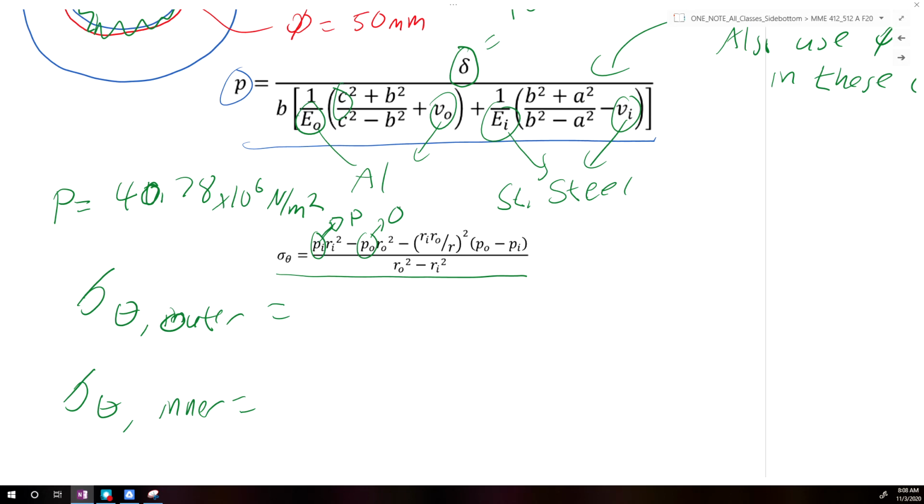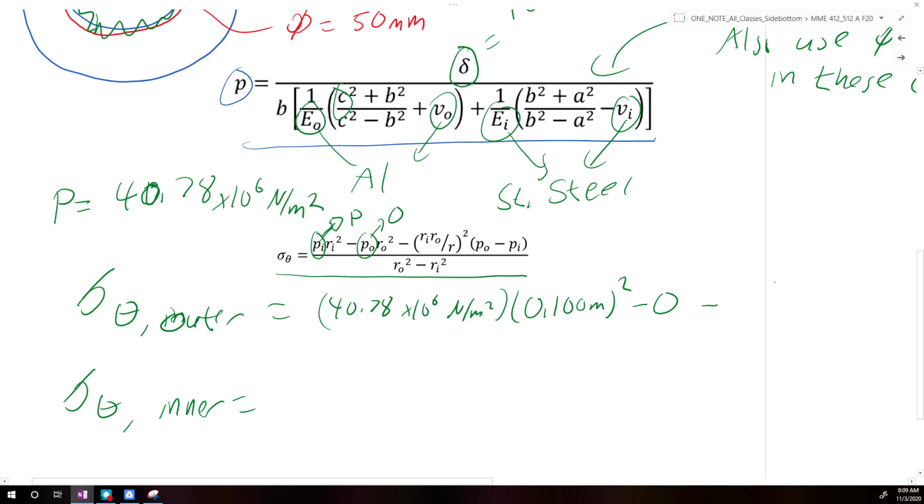If we do that, we'll get the pressure P, which is 40.78 times 10 to the 6th newtons per meter squared, times the inner diameter squared, 0.100 meters squared, minus the difference between the outer and inner pressure.